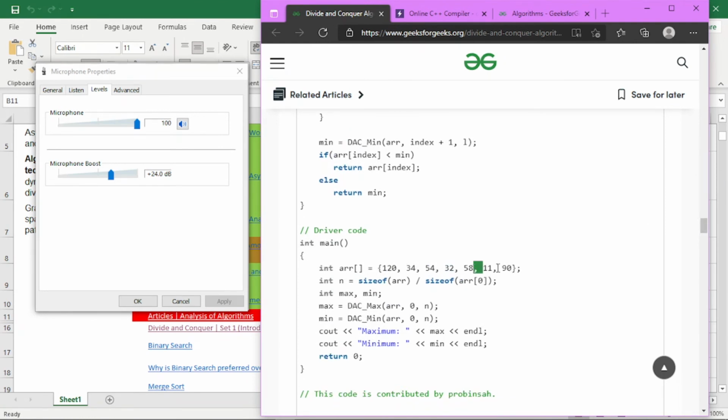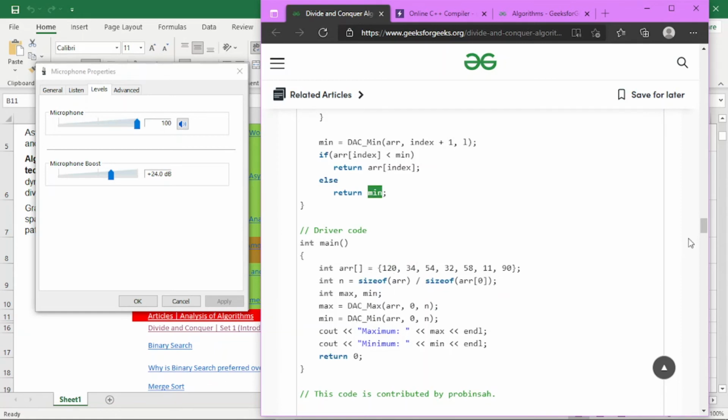So we will compare 11 with 58, then we check if 58 is less than 11. It is not, then we will return 11 as well. Same, 11 will be returned, then we will check with 32, as it is less, then we will check with 54, with 34 and 120. At last we will be returning minimum, because 11 is less than all the elements.